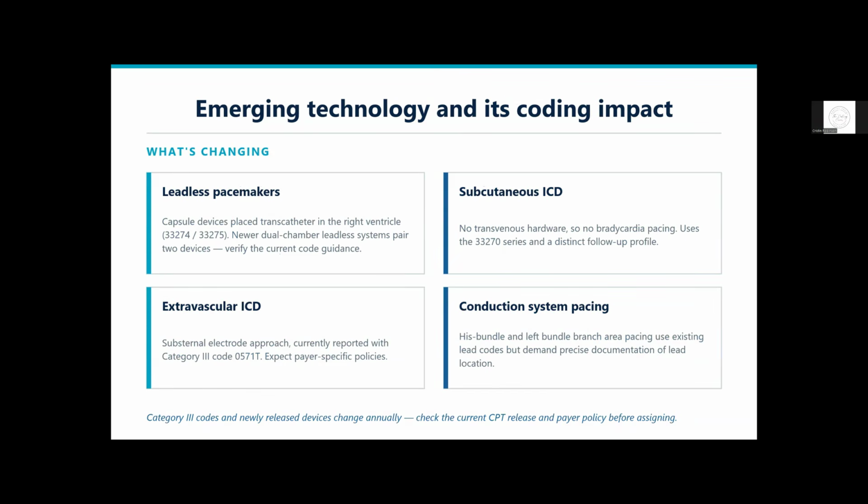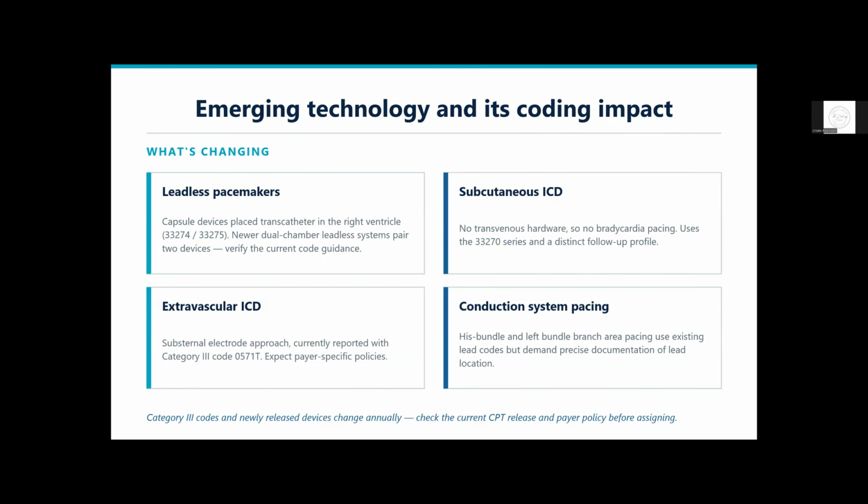Leadless pacemakers use 33274 through 33275. Newer dual chamber leadless systems require updated guidance. Subcutaneous ICDs use the 33270 series and have no transvenous leads.